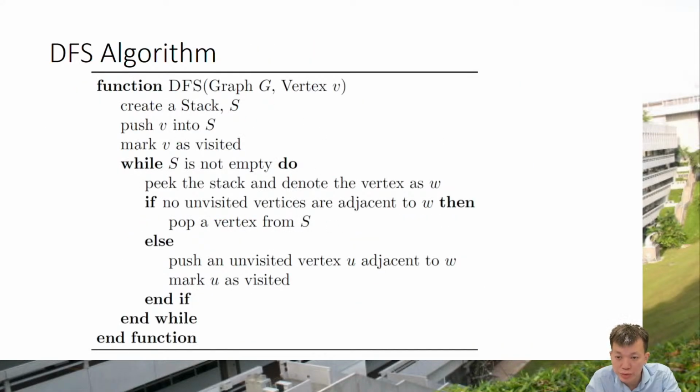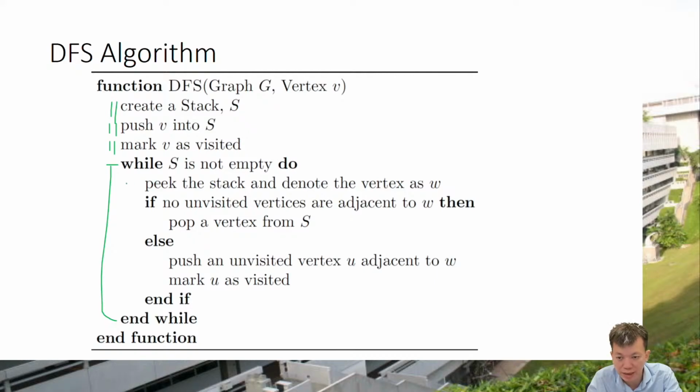So you can see I need to create a stack. Then I push the first node into the stack and mark it as visited, and then I start tracking. You definitely insert the first node, so the stack S is not empty at the beginning.